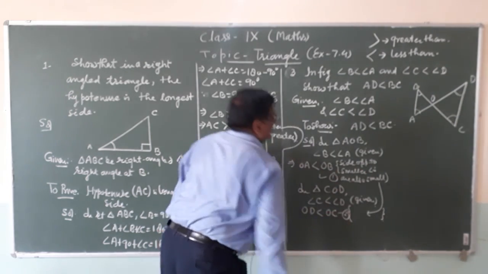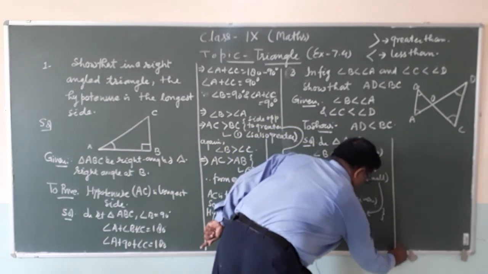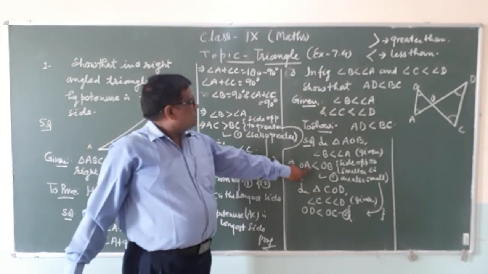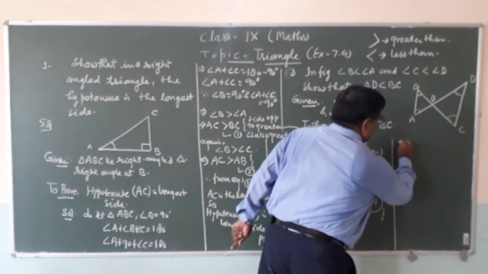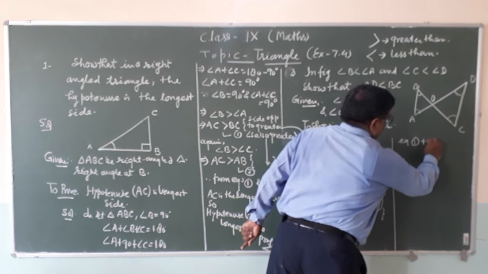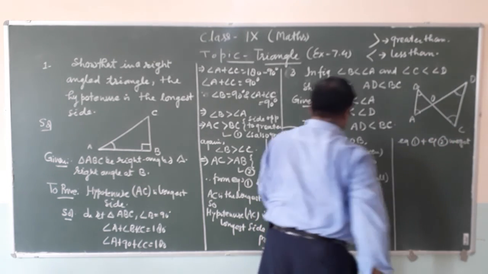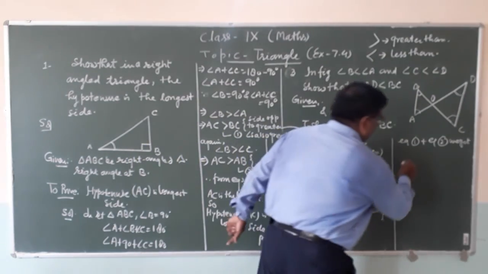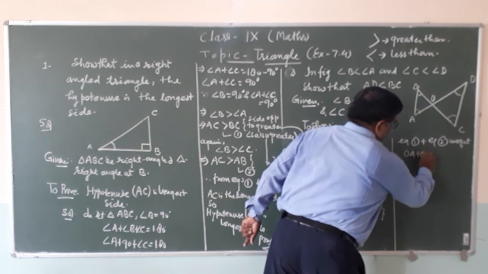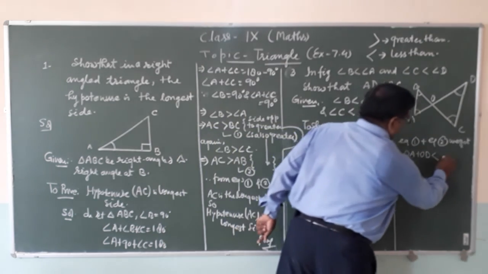Now from equation 1 and 2, adding equation 1 plus equation 2, we get OA plus OD is less than OB plus OC.